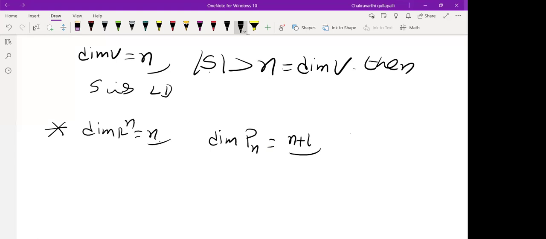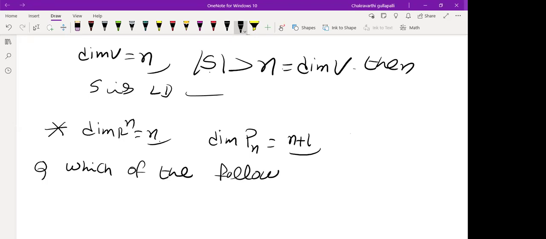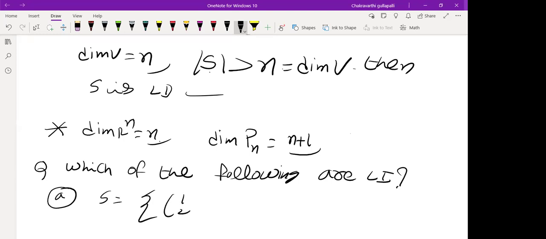Now, what is the advantage of this? I'll give you a question. Which of the following are linearly independent? The first set is (1, 2), (-1, 1).